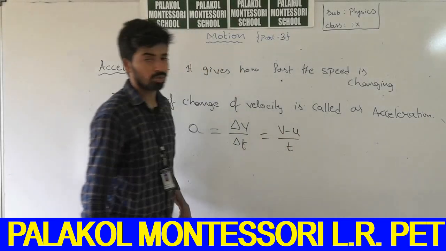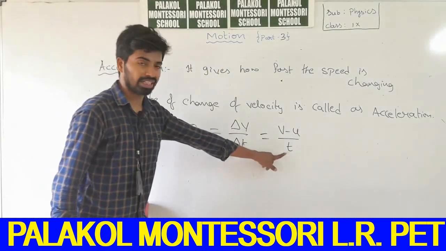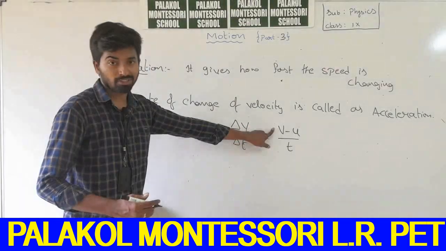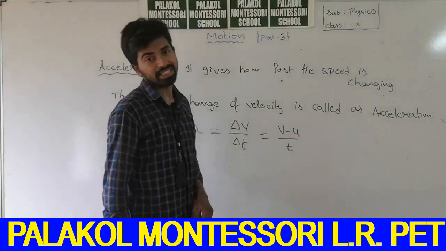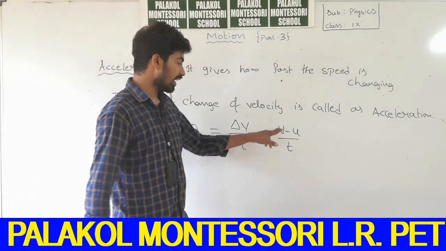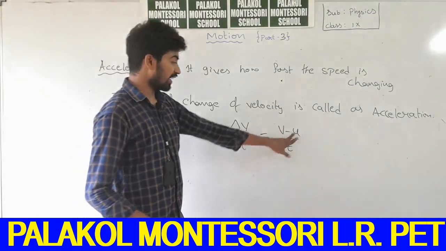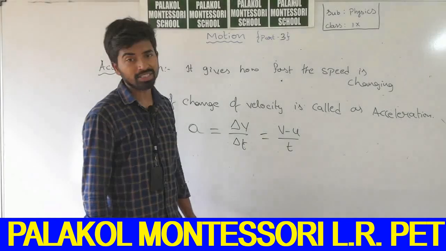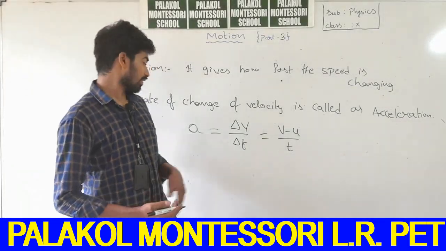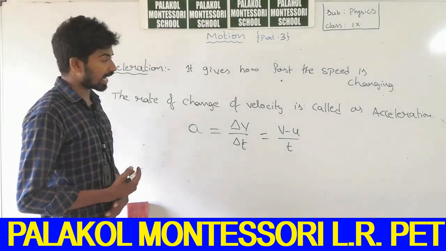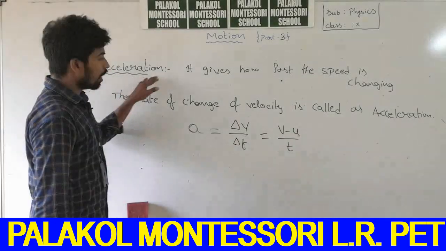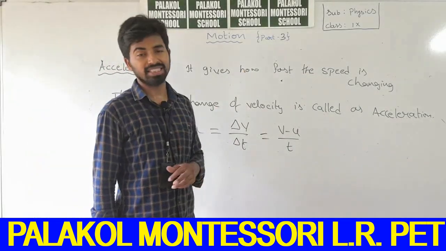Here t is the time taken, u is the initial velocity and v is the final velocity. Change means final minus initial. So, this is the formula to find the acceleration. It tells us how fast the speed is changing.